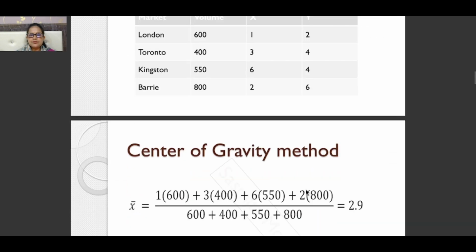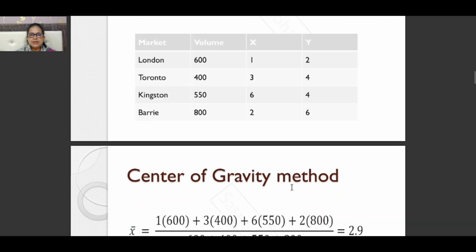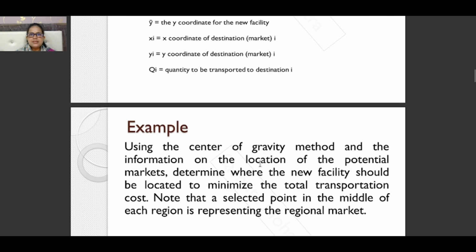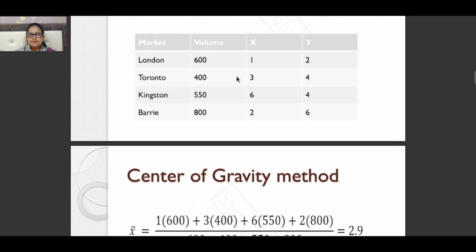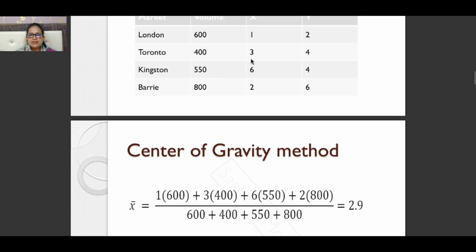See how we are going to solve it. First we need to calculate the X bar. As we know, X bar equals sigma of Xi Qi. For the first location Xi is 1, so 1 into 600 plus 3 into 400 plus 6 into 550 plus 2 into 800.